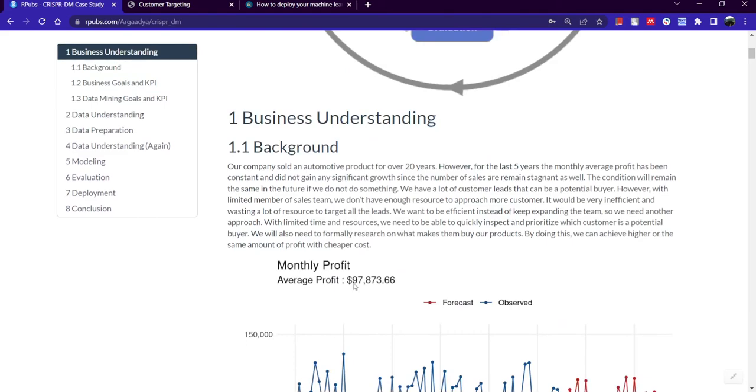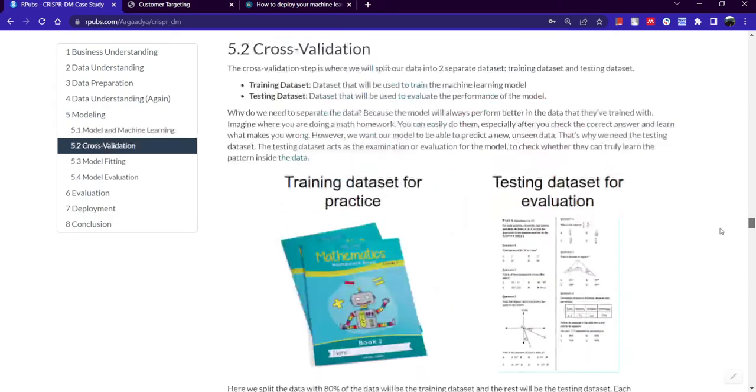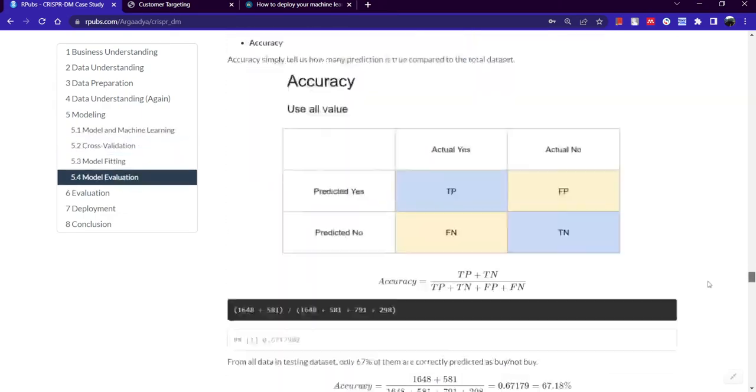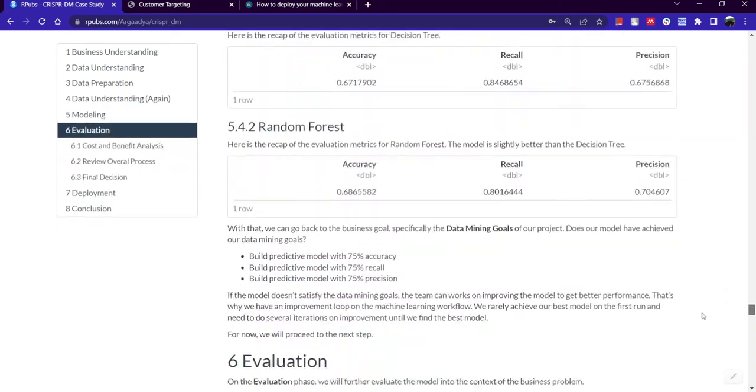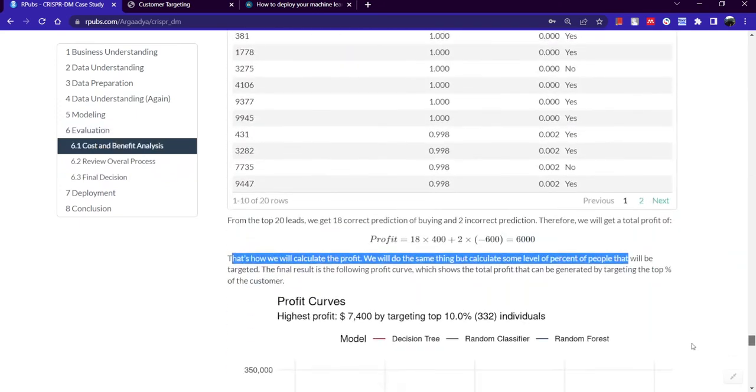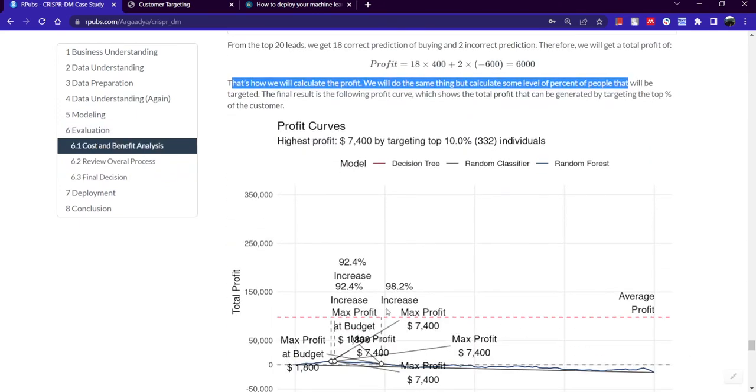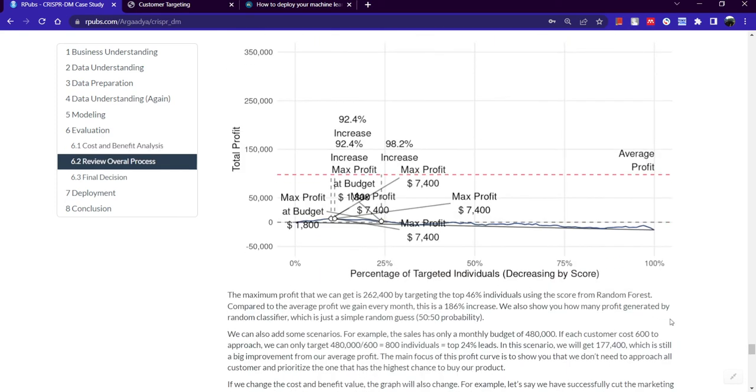So it was about 100,000. Okay, so it's about 100,000. This is the average profit. Let's see how much the company is going to make.